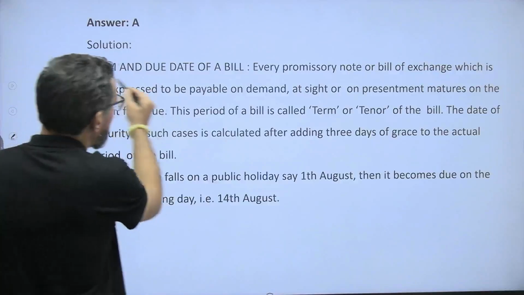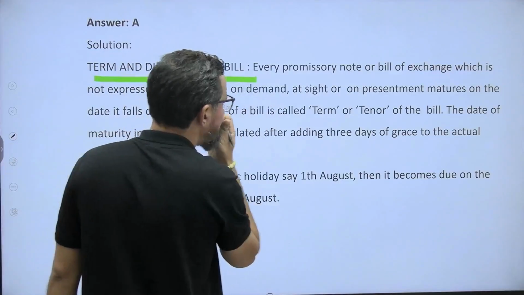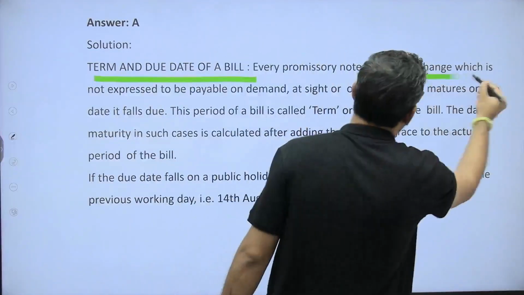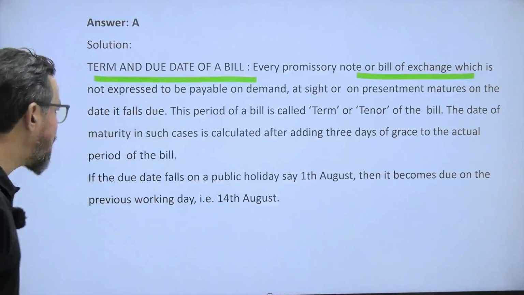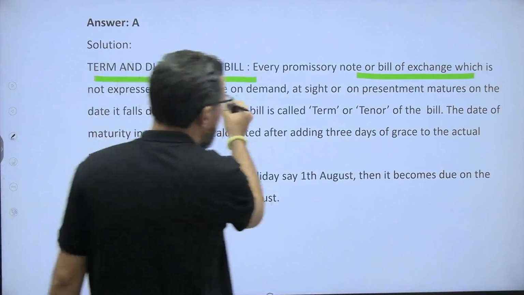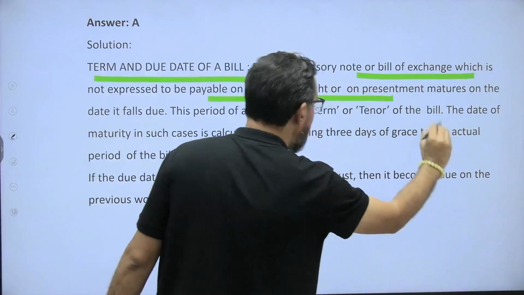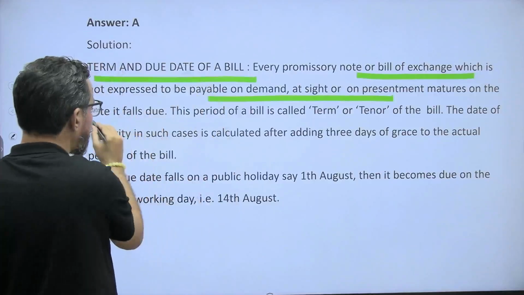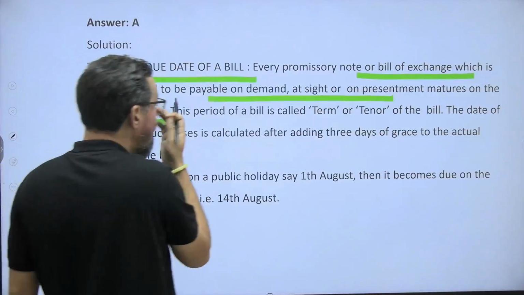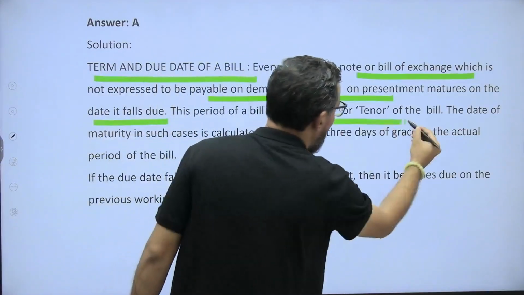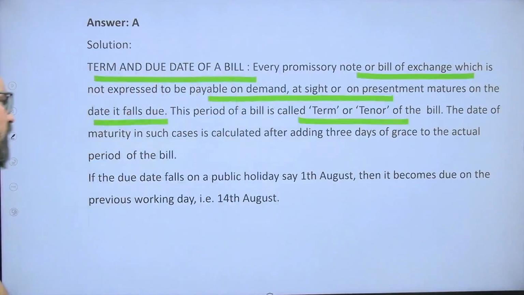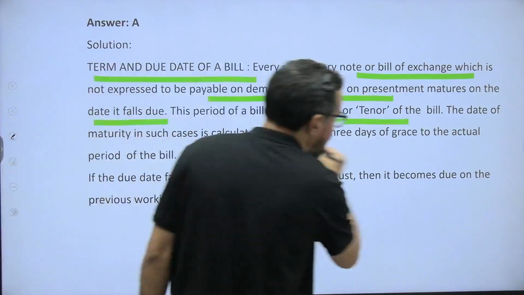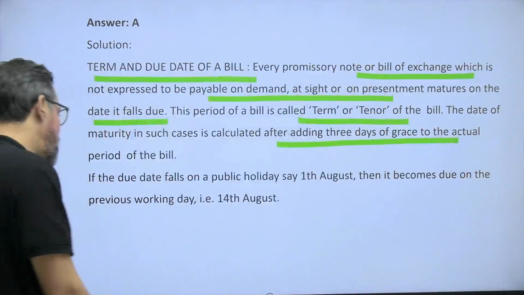So term and due date of bill of exchange: every promissory note or bill of exchange which is not expressed to be payable on demand or presentment matures on the date it falls due. This period is called the term or tenure of the bill. The date of maturity in such cases is calculated after adding 3 days of grace period to the actual period.